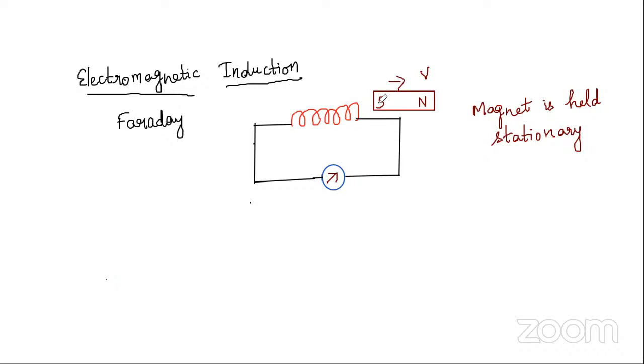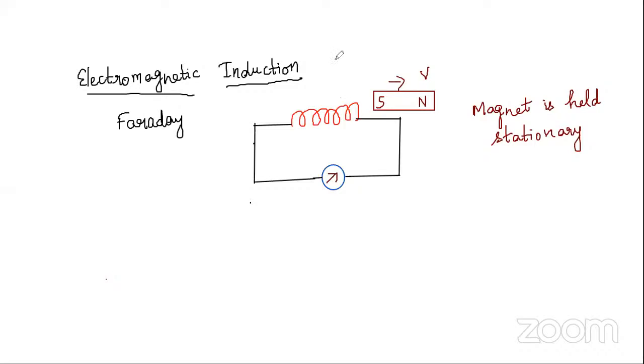I think you can understand. When this bar magnet is moved away from the coil, induced current flows in the coil in such a way that this end becomes a north pole, so that it opposes the moving away of the south pole from this coil. So it means here EMF is produced only due to the movement of the south pole away from the coil.